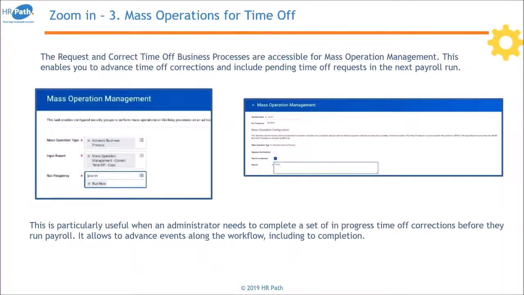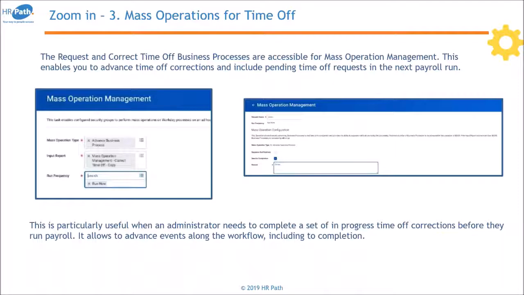So the request and correct time off business processes are accessible for mass operation management, and the use of those two BPs is quite simple. From the mass operation management task, you choose to advance the BP selected.